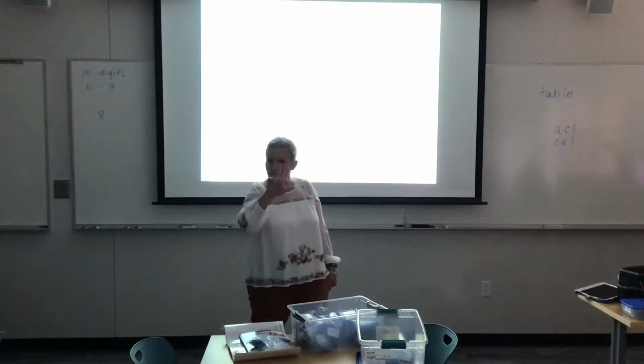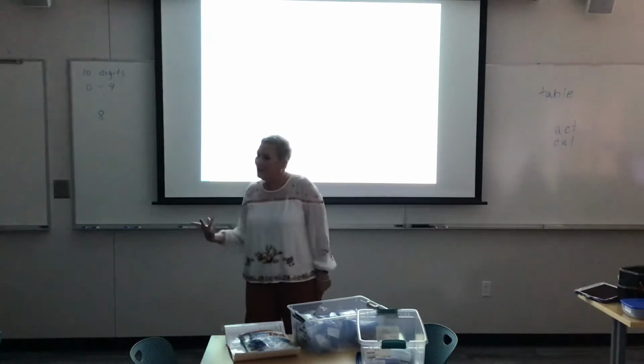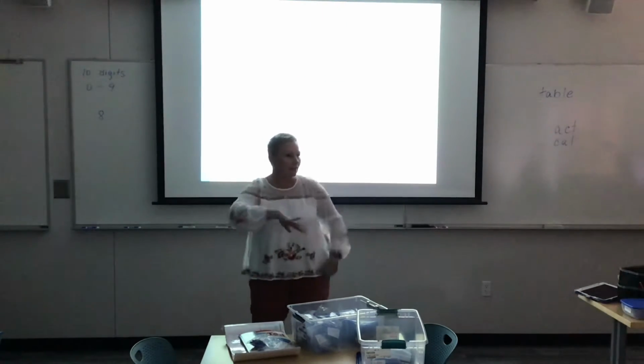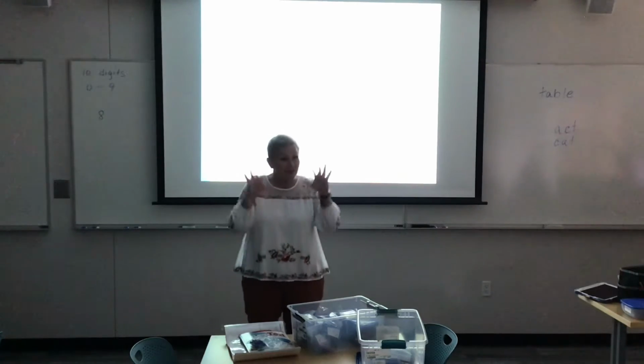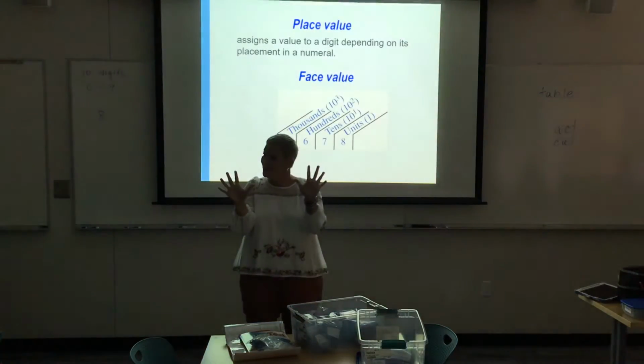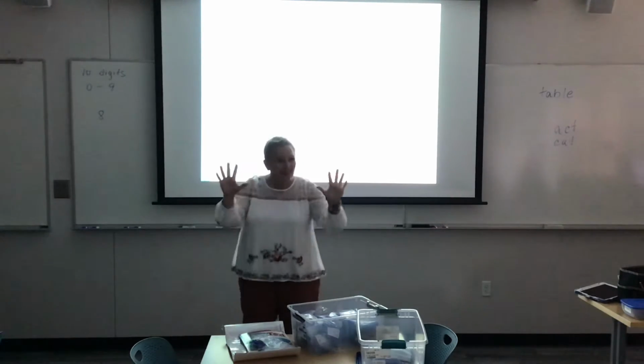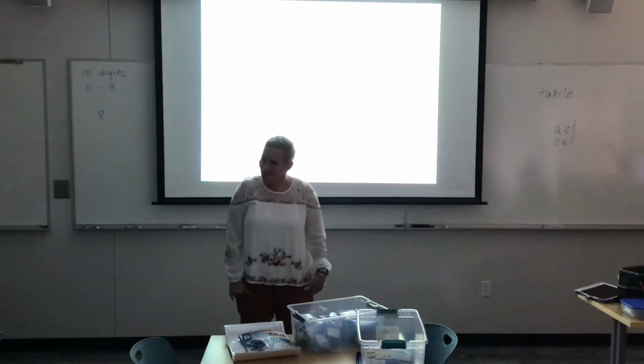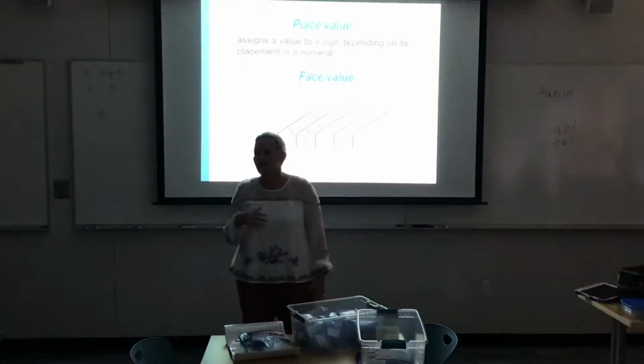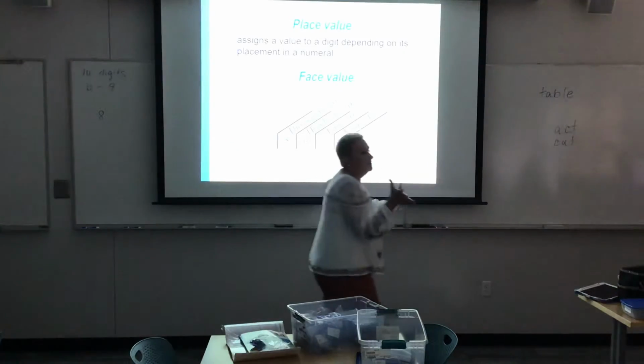So the first 5 digits have their own names, and then everything after that is like 5 and 1, 5 and 2, till you get to 10. And then 10 has its own name, and then it's 10 and 1, 10 and 2, all the way up to 20, and then 20 gets its own name, and then it starts again. So that's how you get base 20, sub-base 5.